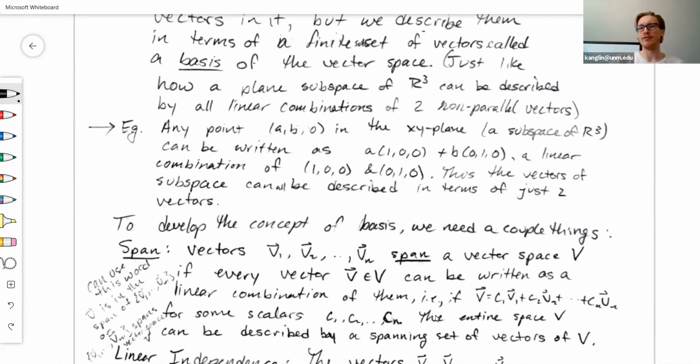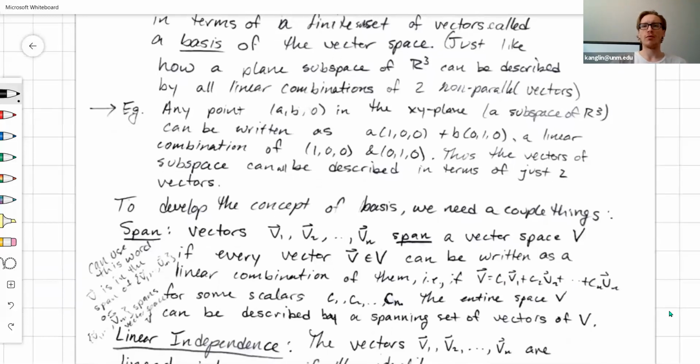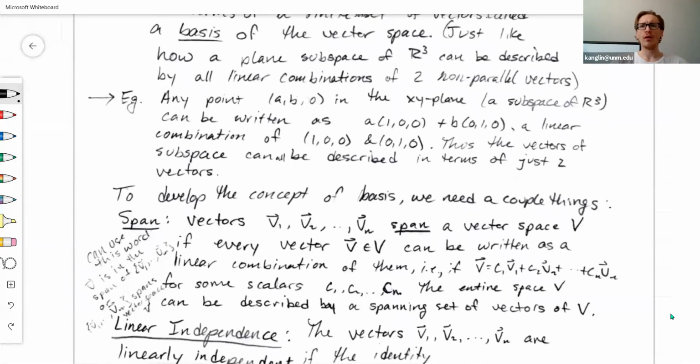In other words, no matter what vector v you choose in this vector space, if that vector v is a linear combination of v1 through vn, so c1 times v1 plus c2 times v2, all the way out through cn times vn, for some scalars c1 through cn, right? In that case, we would say the entire space V can be described by a spanning set of vectors of V. We could describe this set of vectors v1 through vn as being a spanning set of vectors of V.